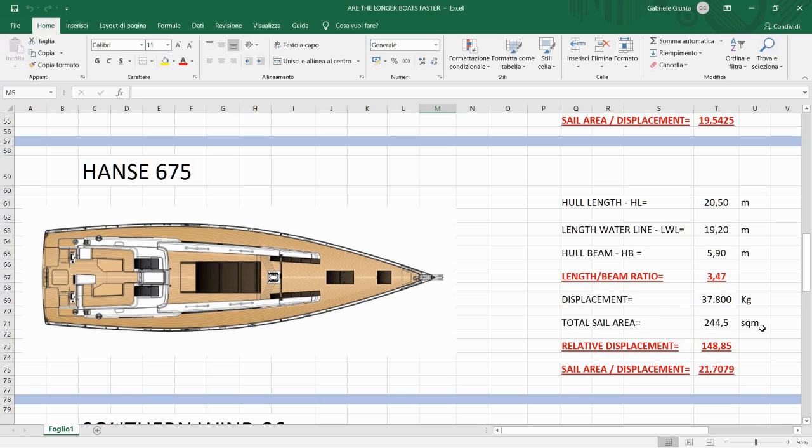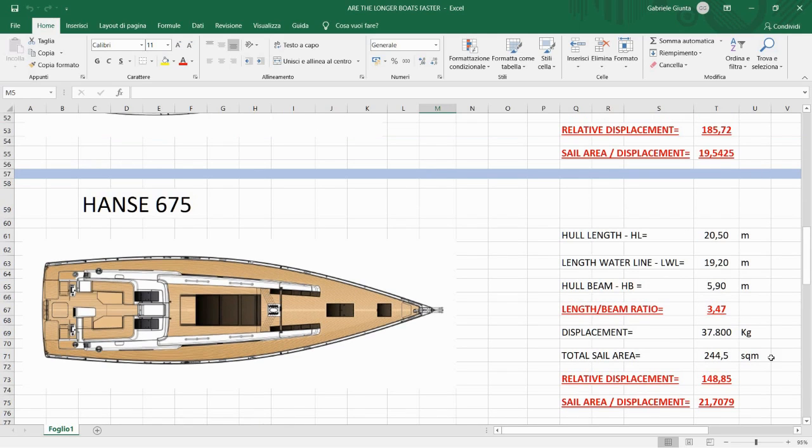Total sail area 244 square meters. Relative displacement 148. Relative sail area 21.7. So again, we are lighter and with more sail area, relatively speaking.